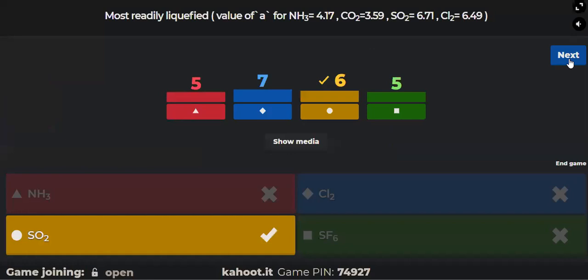How many times I have told you that if the value of a is more, then it is attracted more and it can be liquefied easily, right? We solved this in the module also.